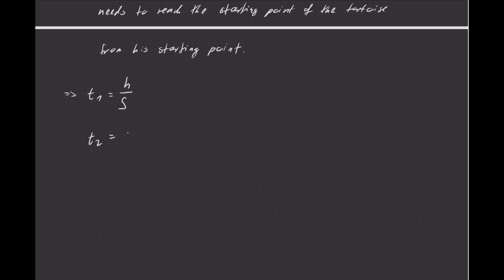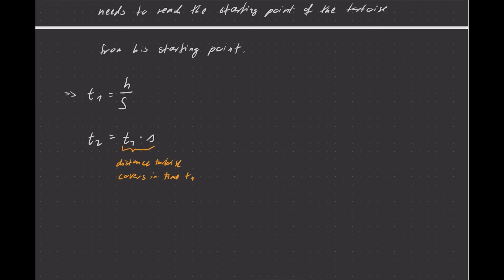Well, the time that it had available for that was t1, and the speed of the tortoise is small s, so that is the distance that the tortoise covered in t1. So that determines the second position that Achilles has to reach.